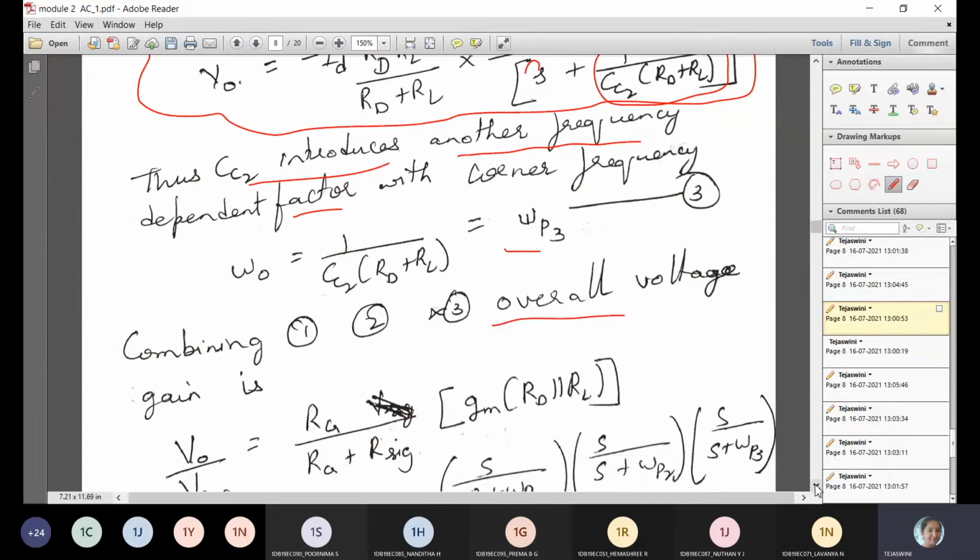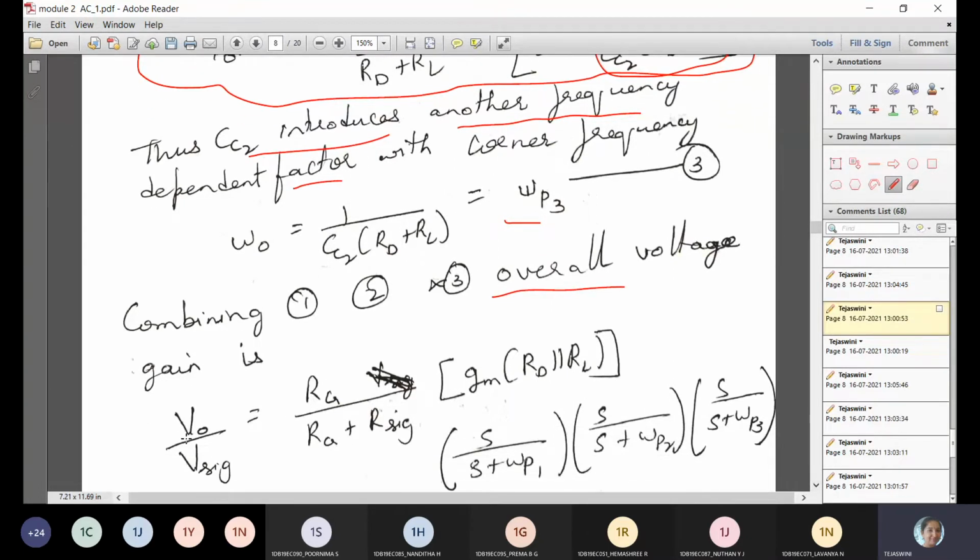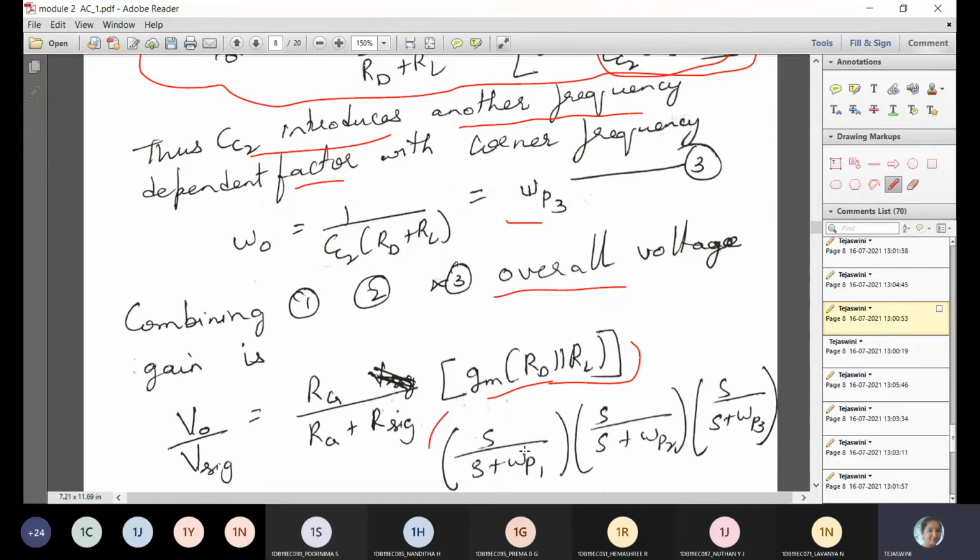As you all know, overall voltage gain is V naught by V signal, RG by RG plus R signal into GM RD parallel RL. This is your amplifier's gain. Along with that you need to multiply with omega P1, omega P2, omega P3, that is S by S plus omega P1, S by S plus omega P2, S by S plus omega P3.